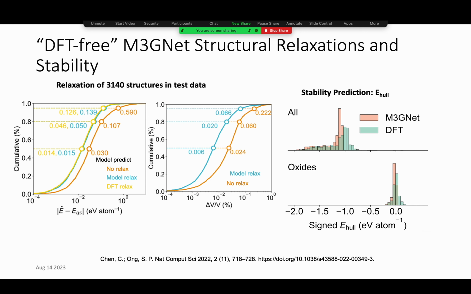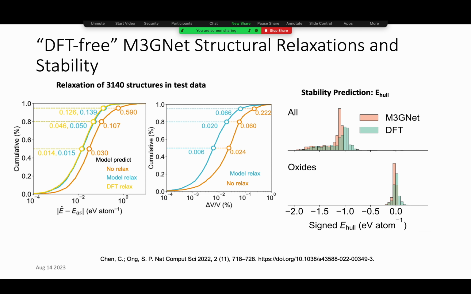We can show that using the M3GNet universal potential, we can actually predict the volumes of crystals to within about 1 to 2% of the DFT relaxed crystal structure, okay? So in other words, we can already get accurate crystal structures without having to do any DFT calculations, right?